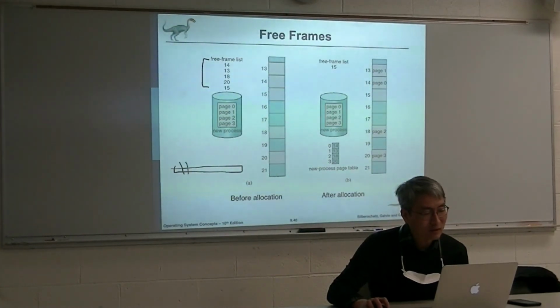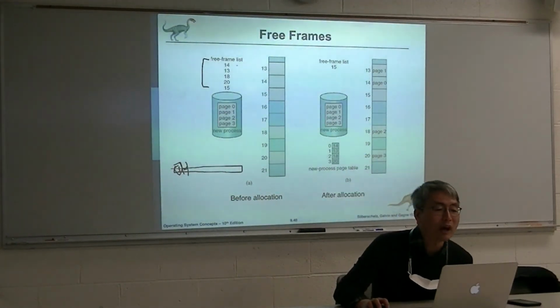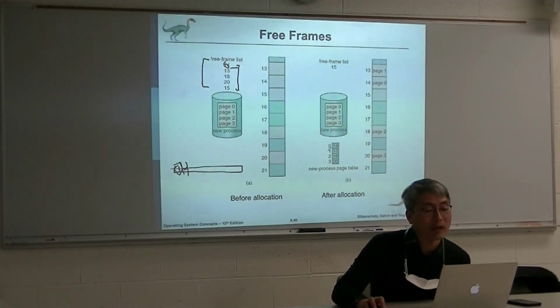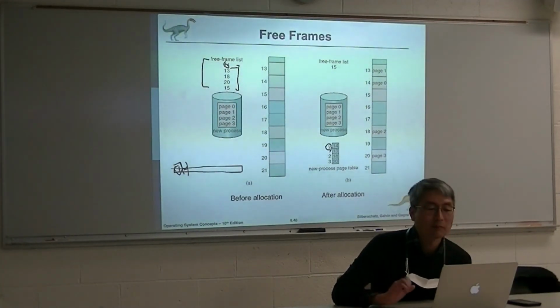Right? So 1 means free, 0 is being used. So our goal is to find the first one. Similarly, we are going to manage the list of the free frames. Then the first one will be allocated to the pages like that. Okay.